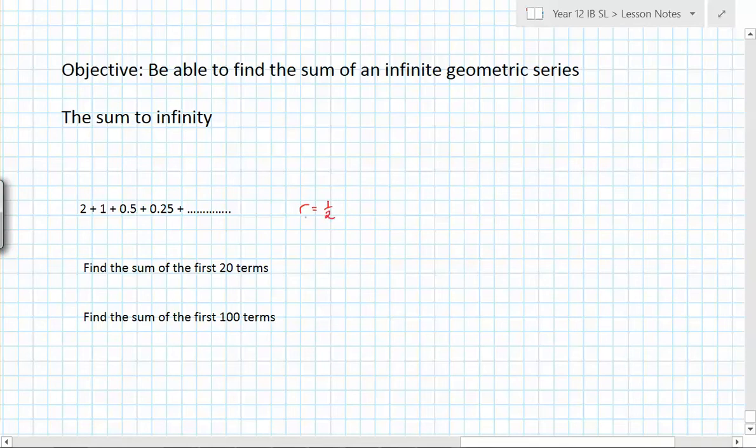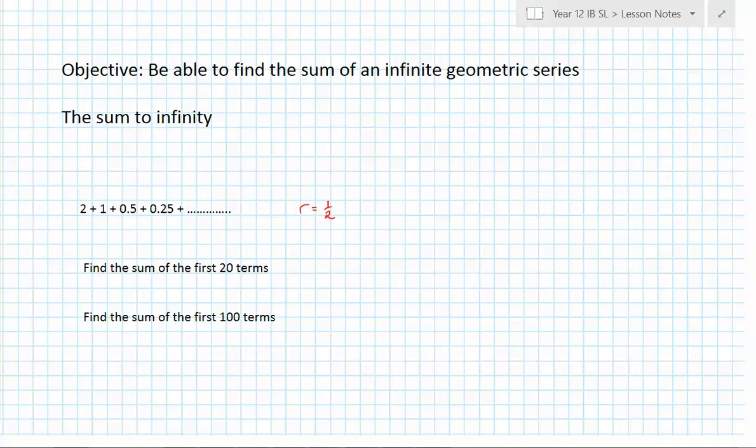And because we have a common ratio that is positive and less than 1, the sequence gets smaller and smaller. If I were to graph this, the function would have a what? An asymptote, good.